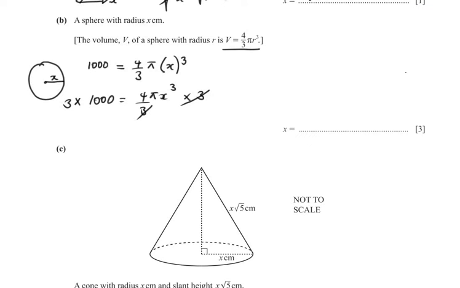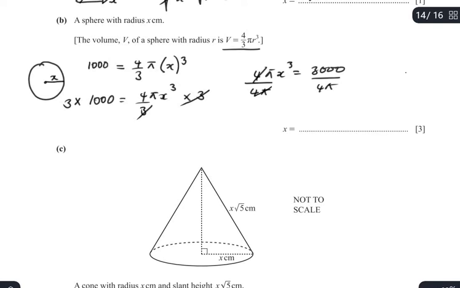Then 3 times 1000 gives me 4 pi x cubed equals 3000. Now here, I'm going to divide by 4 pi on both sides. I don't want to work out what pi is for now. So it gives me x cubed equals 3000 over 4 pi. So this is x cubed, and we just want to find x.